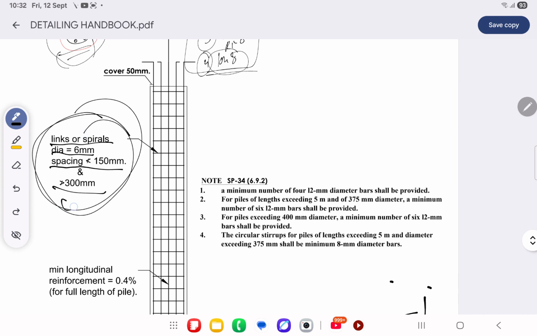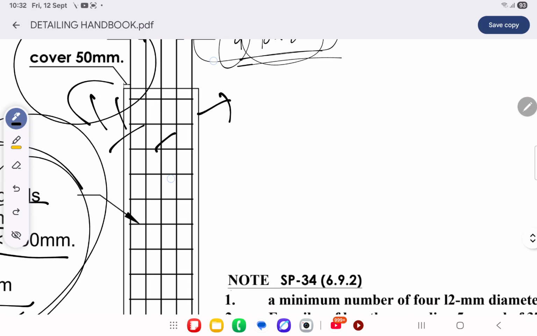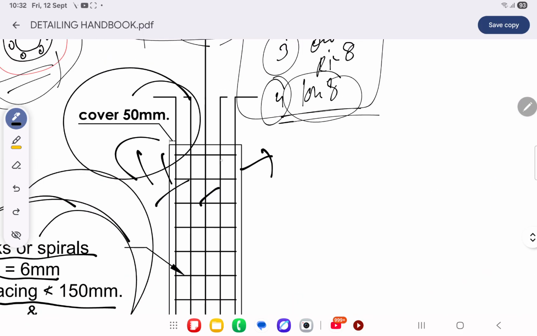This you also have to remember, this is very important. You can see here, this part: links or spiral diameter is 6 mm, and spacing should not be less than 150 mm and not greater than 300 mm. And in the case of cover, we generally provide 50 mm cover for the pile, because this is the concrete and this is the steel, and in between this gap is the cover. So for a pile, the cover is 50 mm.